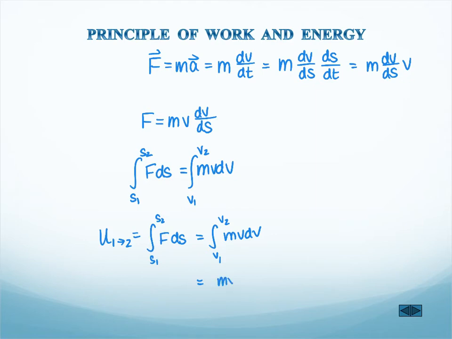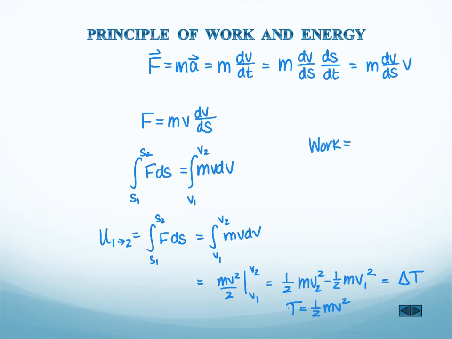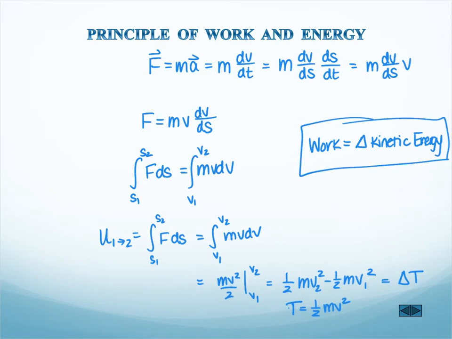That would give us mv squared over 2 evaluated at v1 and v2, which is 1/2 m v2 squared minus 1/2 m v1 squared, which is equal to the change in T, again with the new symbols, where T is how they talk about kinetic energy in this chapter. So basically we find that the work is equal to the change in the kinetic energy. You probably remember that from general physics. That was an important theorem that we learned about.